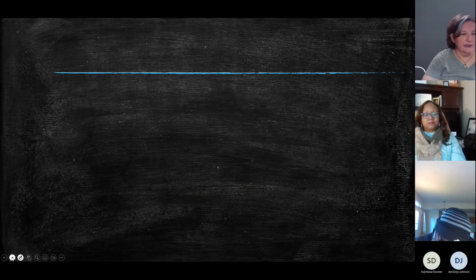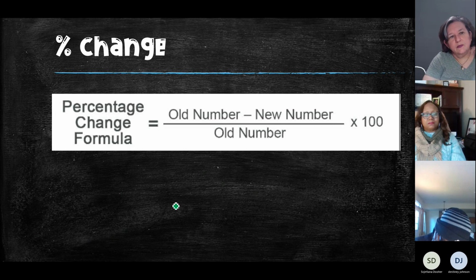Oh, I don't know why I put a black slide there. Okay. Percent change. This is the one where the formula makes sense when you plug all the numbers in, but just remembering which number goes on the bottom, your denominator is going to be your original number.